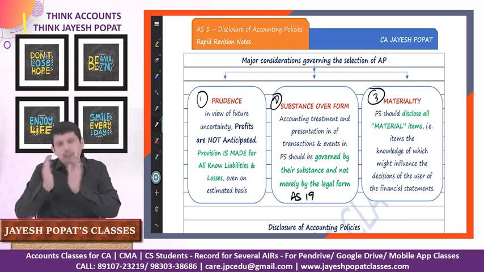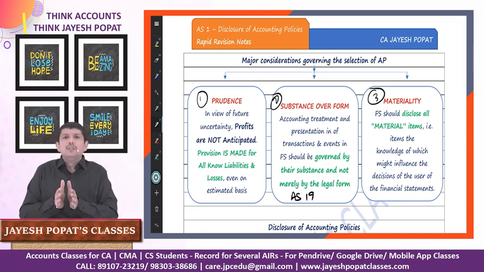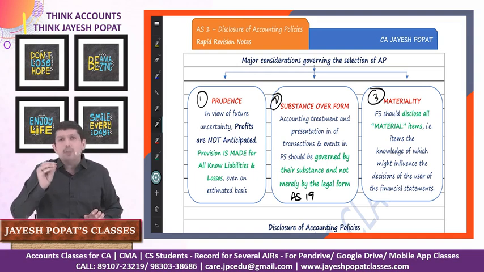It is known as a lease arrangement from its legal form. But while we do the accounting for leases which are in the nature of finance lease, we take it as a loan arrangement and deal with it in the books of accounts as a loan arrangement. So you should look at the substance of the transaction and not merely at its legal form if you want to give a true and fair view of the affairs of the organization.